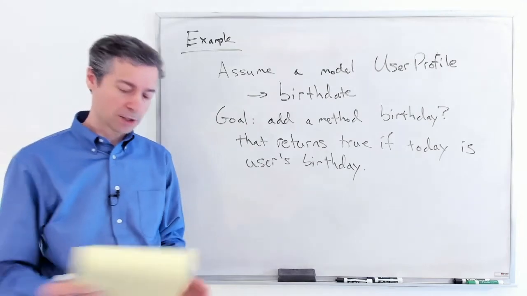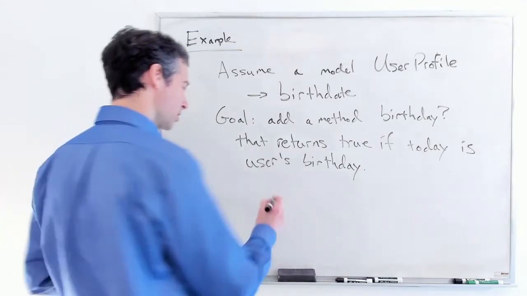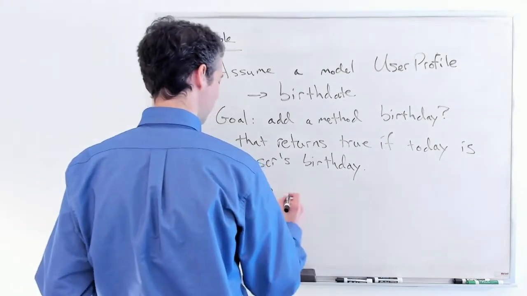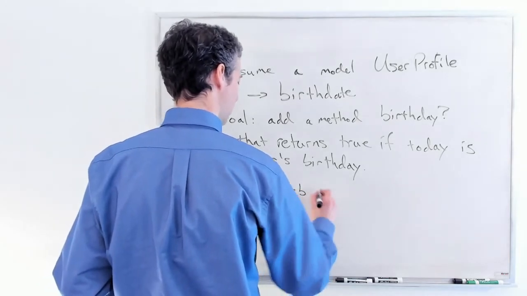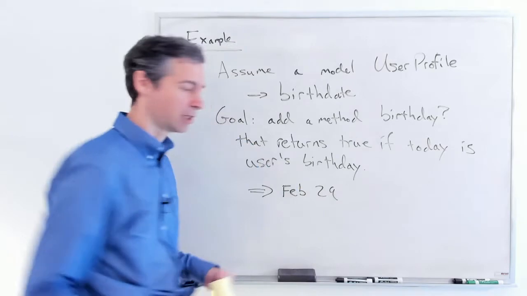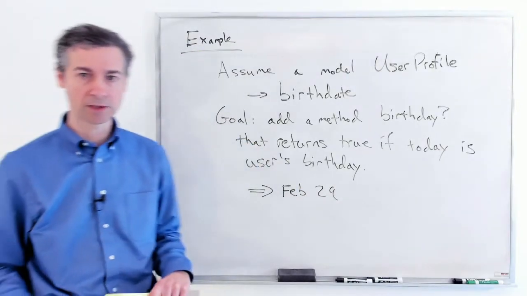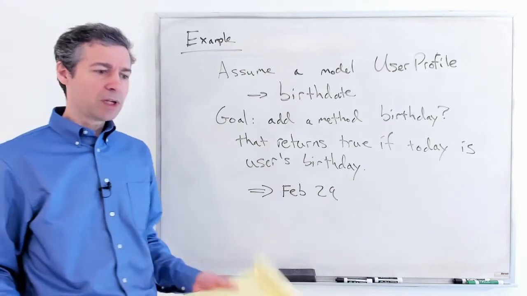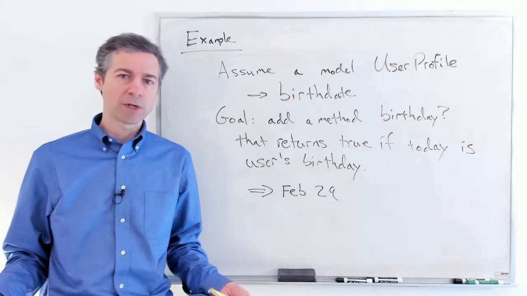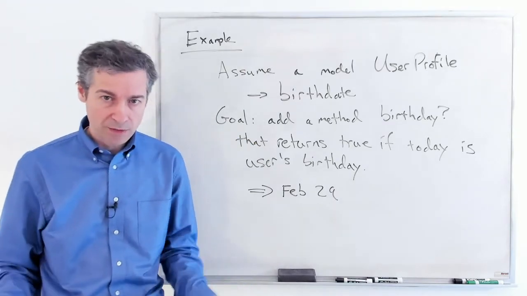There's one gotcha here, which is dealing with people who are born on February 29. Okay, so if you're born on the 29th of February, and it was a leap year, we would like to be able to wish you happy birthday every year.